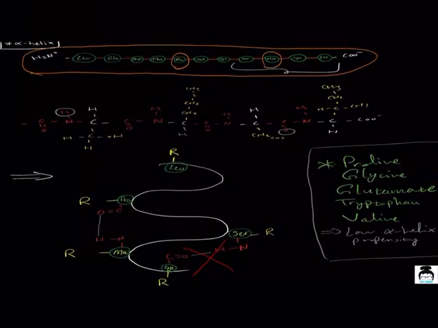Now these two amino acids are relatively far away from each other. They can't form bonds with each other because they're far away. So what happens is that this whole thing, that I've circled, changes its structure to look something like this. Now what is the benefit of this?